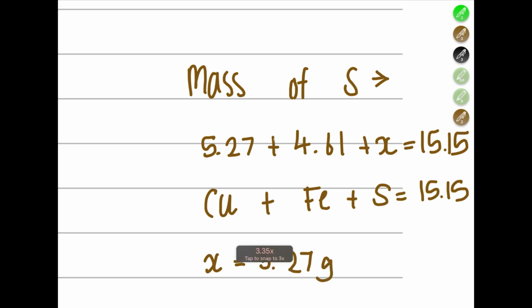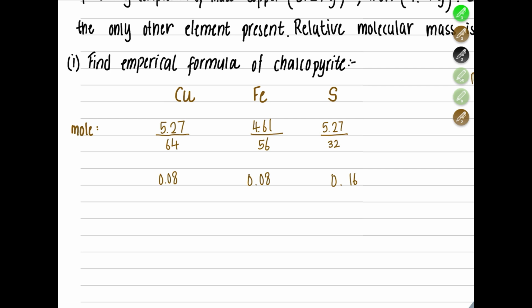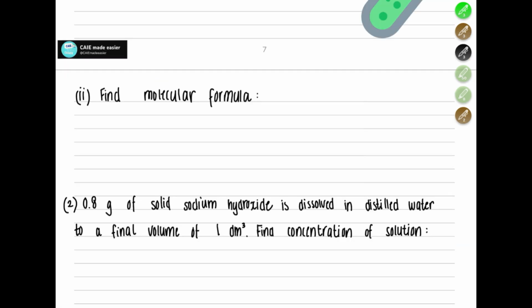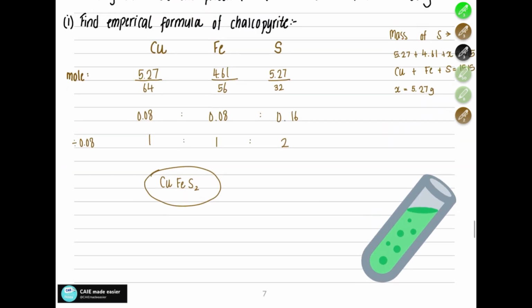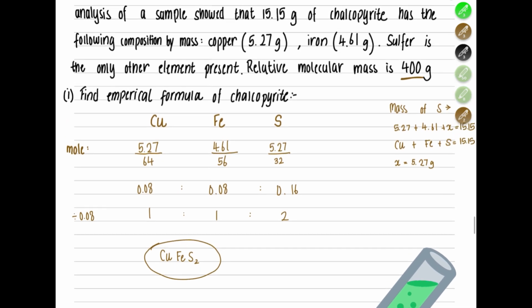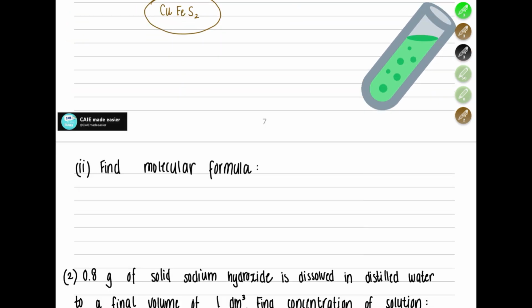That is going to be 5.27 grams. If we calculate it, now if you just divide them by 0.08, our empirical formula will be Cu1, Fe1, and S2. Now we can find the molecular mass. I just changed the value of relative molecular mass to 400 because this is just a random number and this was giving us a better answer. The steps are the same. The multiplier N is going to be the relative molecular mass divided by the empirical formula mass.